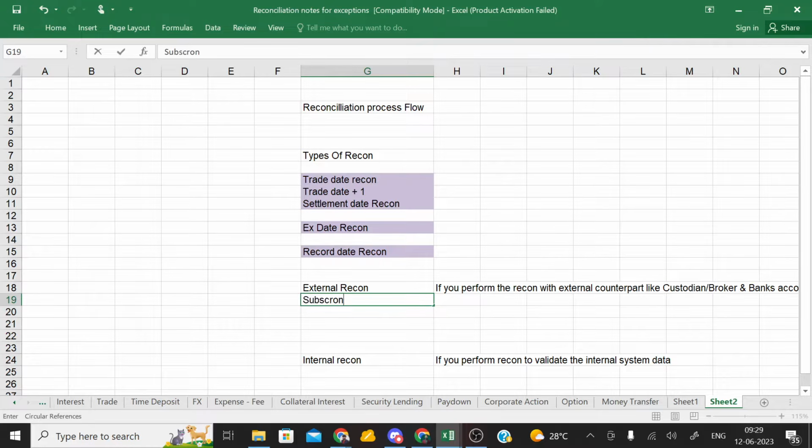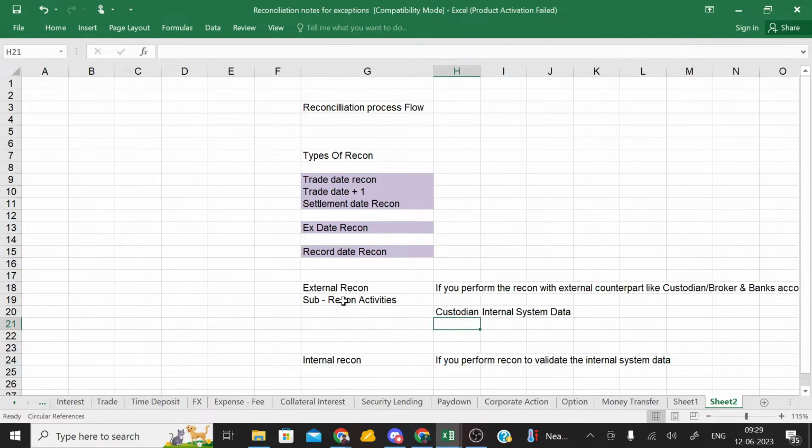For example, custodian versus internal system data.